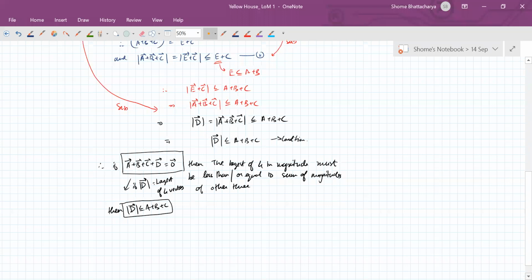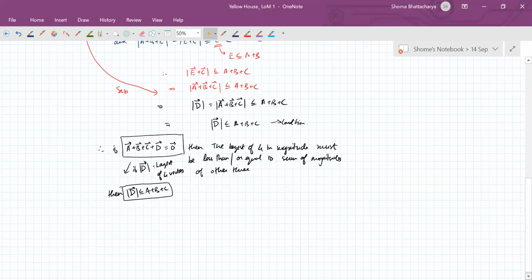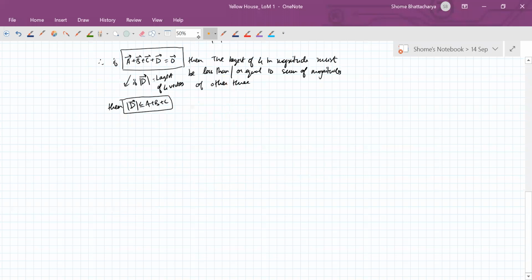So the thing is a little bit complicated. The moment you go to four vectors and more, it becomes a little more complicated. I'll tell you why.